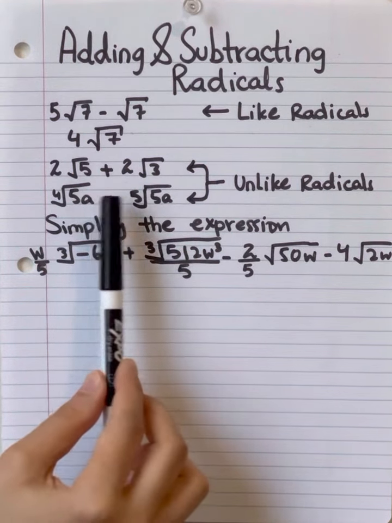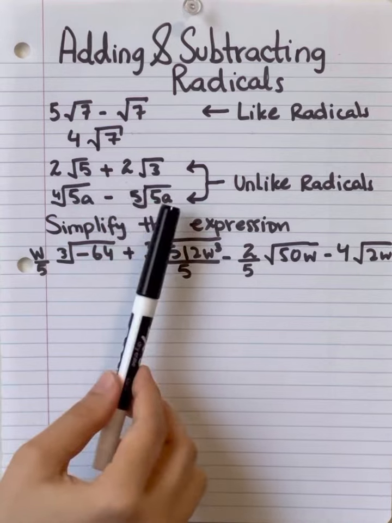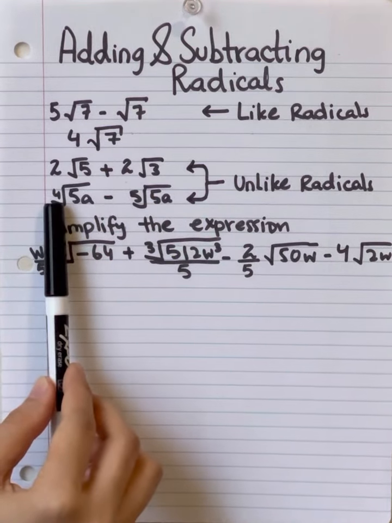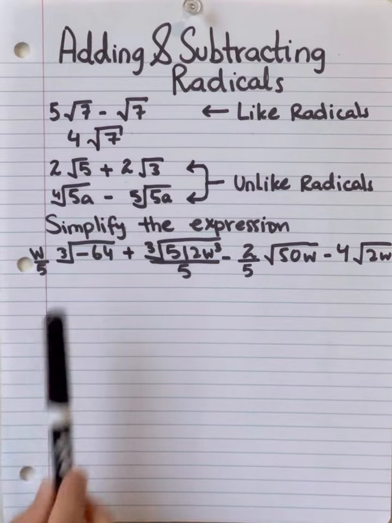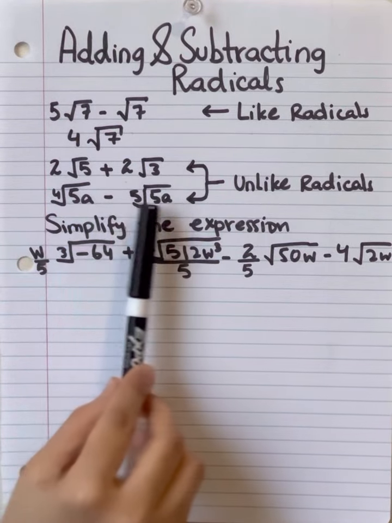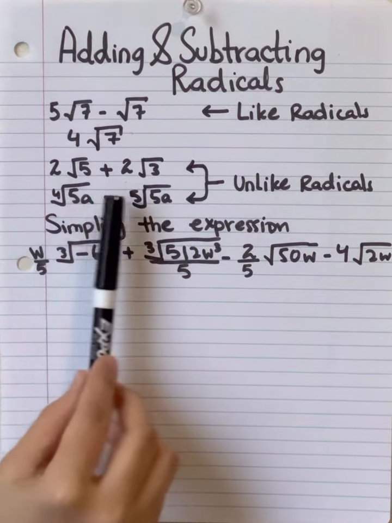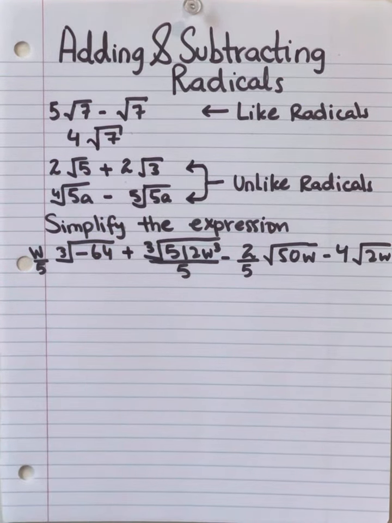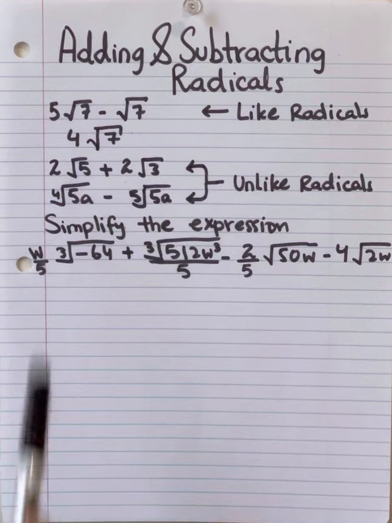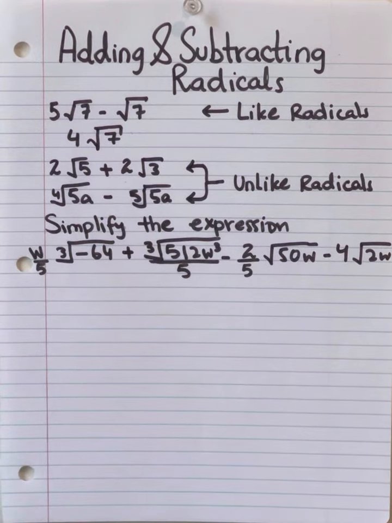The second set of unlike radicals is 4th root of 5a minus 5th root of 5a. Although we have the same radicand, our indexes are different. Here it is 4, here it is 5. So we cannot add or subtract them because they're unlike radicals.